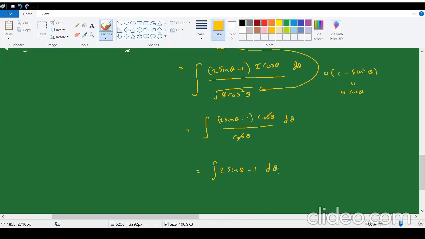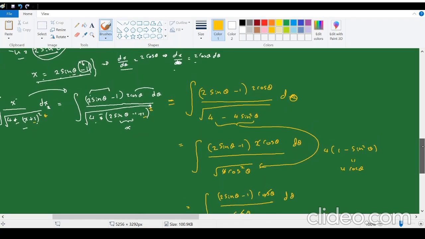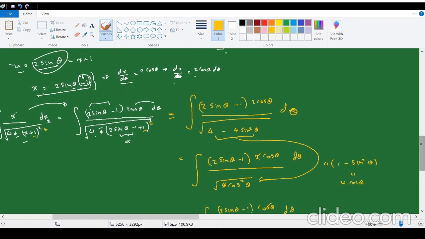so ultimately you are left with this one. The answer for this one will be equal to negative 2 times cos theta minus theta plus c, and then it's just a matter of resubstituting the original terms. When substituting the original terms you should also be careful, right?